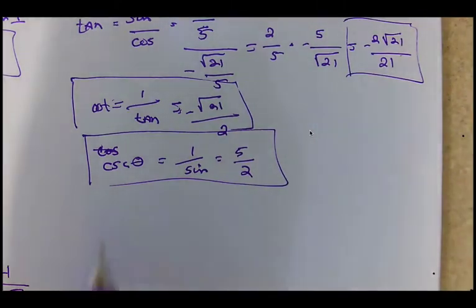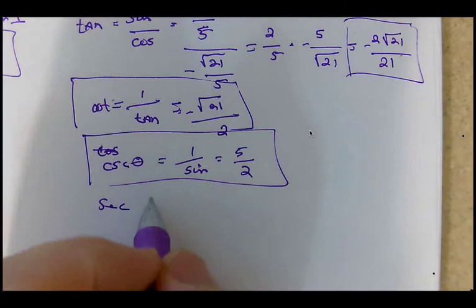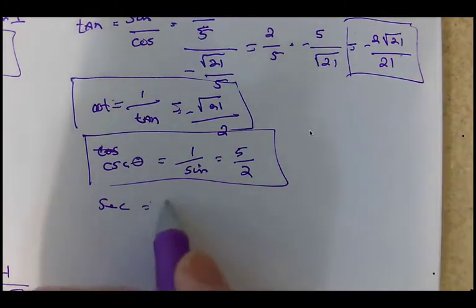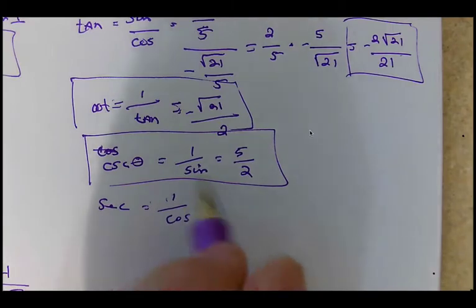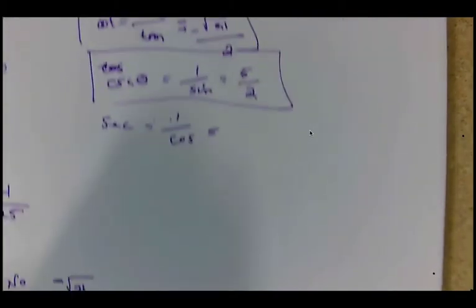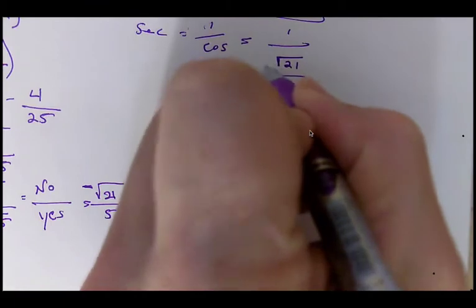And last but not least, we have secant. And secant is 1 over cosine. And in this case, cosine was equal to negative square root of 21 over 5.